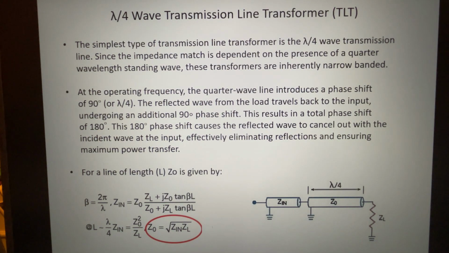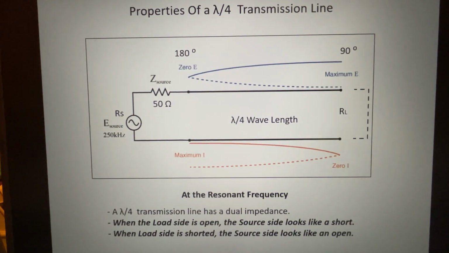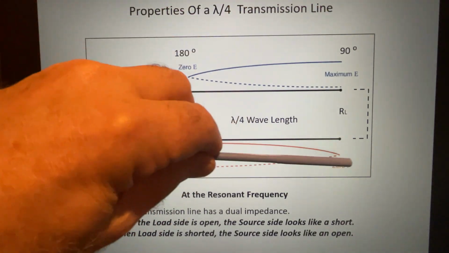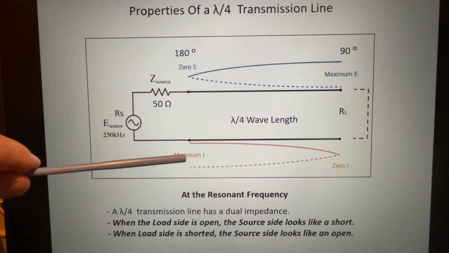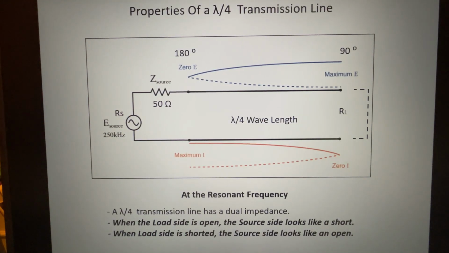At the operating frequency, the quarter wave line introduces a 90-degree phase shift. That's what we just saw in the illustration. That reflected wave travels back from the load and undergoes another 90-degree phase shift. So here's our first phase shift of 90 degrees, and then it returns another 90 degrees, gives us 180 degrees.